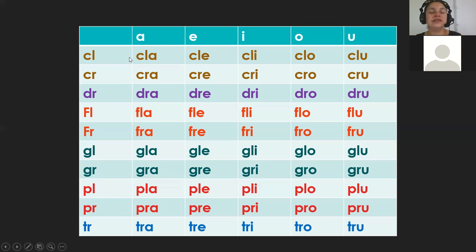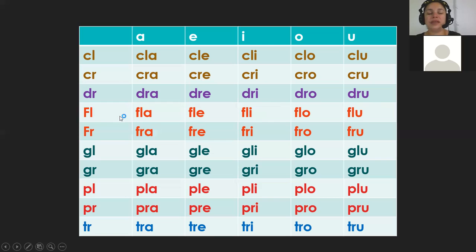The CL together with the vowels will be cla, cle, cli, clo, clu. The CR together with a vowel, cra, cre, cri, cro, cru. The DR, dra, dre, dri, dro, dru.